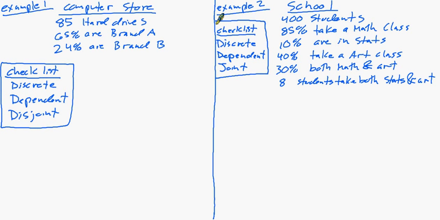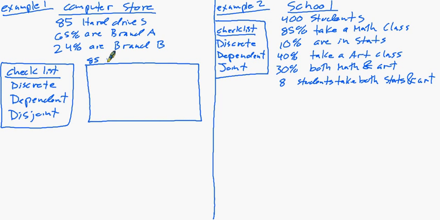All right, so now that we've identified what kind of questions they are and what kind of variables they are, let's draw the Venn diagram. Let's do this one first. We have, this represents our 85 hard drives.